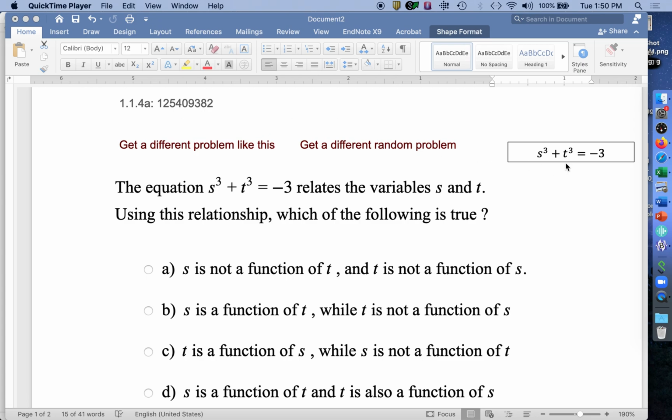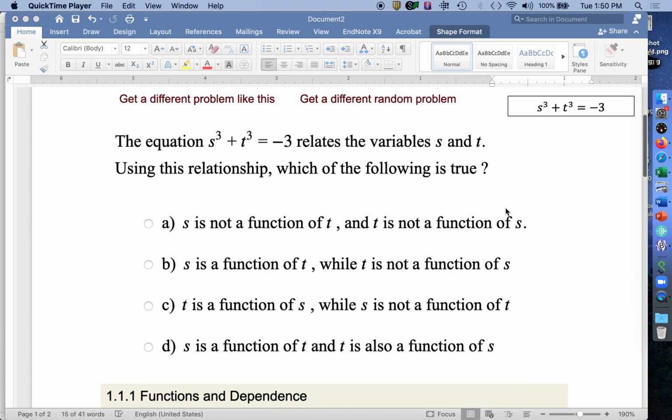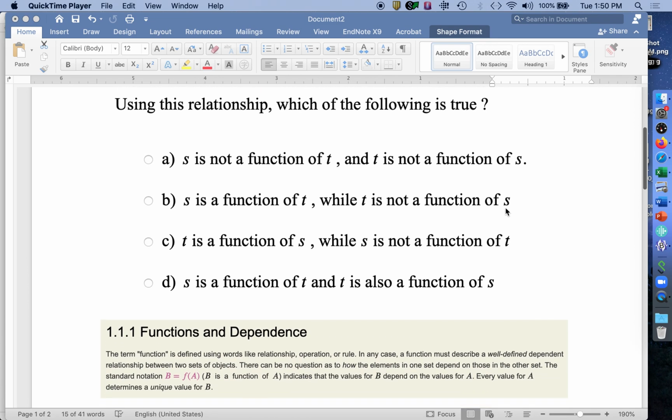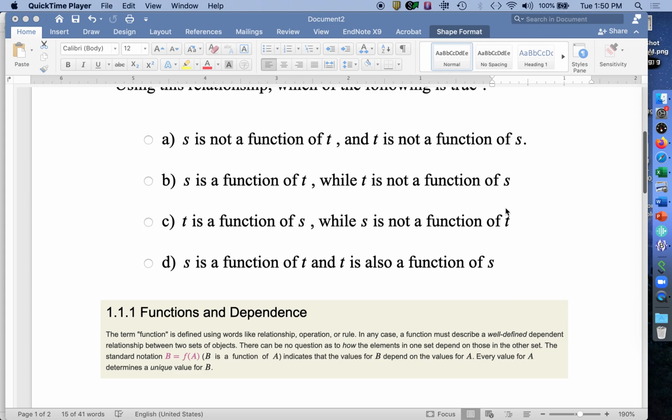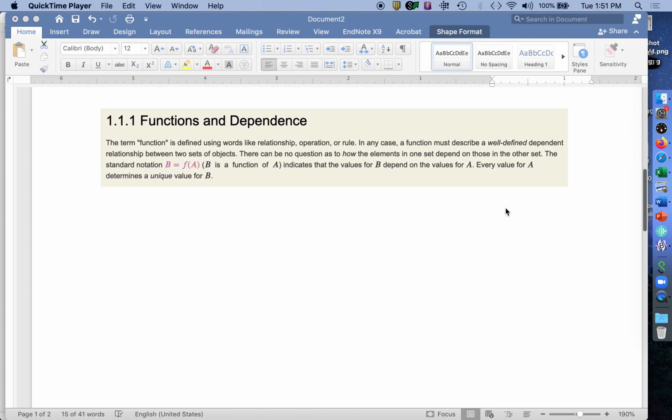All right, so when we look back at our textbook, 1.1.1, that gave us this definition of functions. Basically, it's telling us the term function is defined using words like relationship, operation, or rule. In any case, a function must describe a well-defined dependent relationship between two sets of objects.